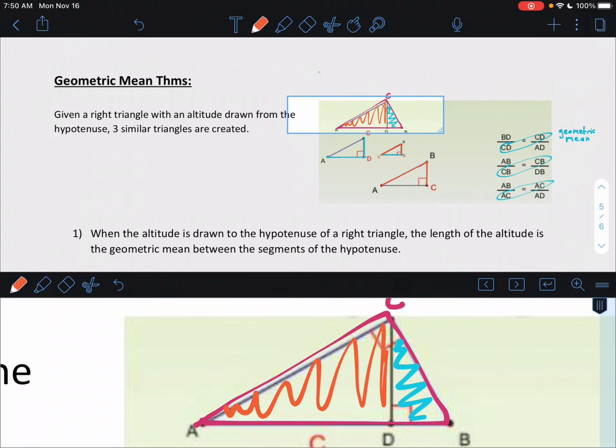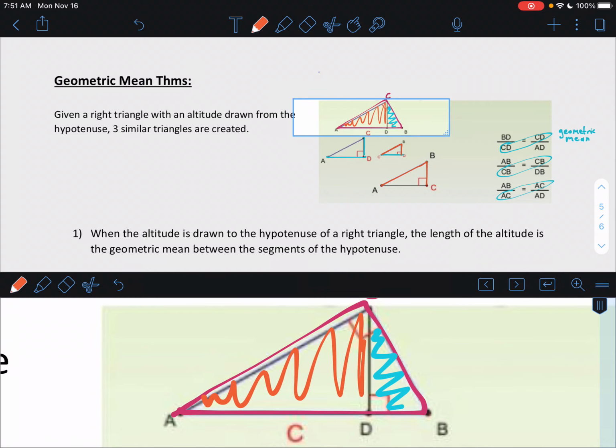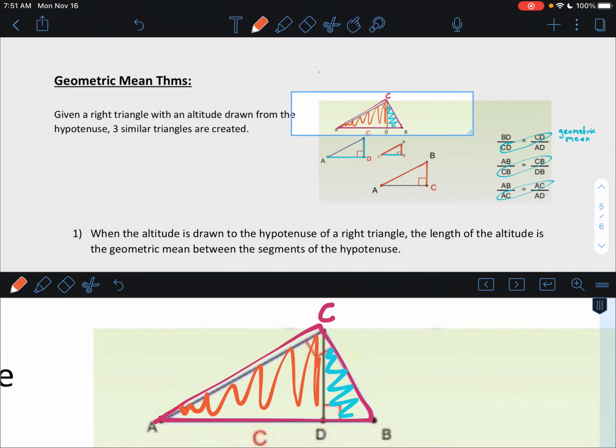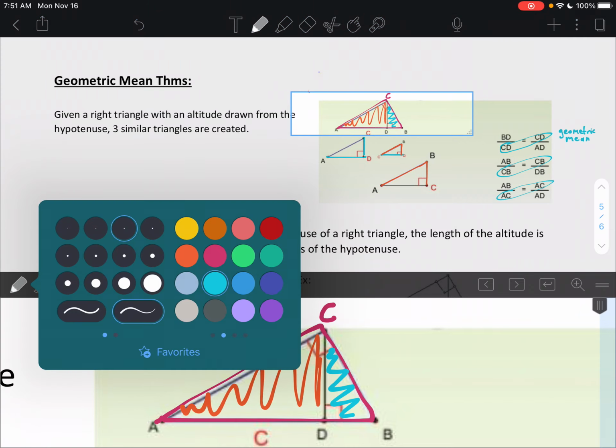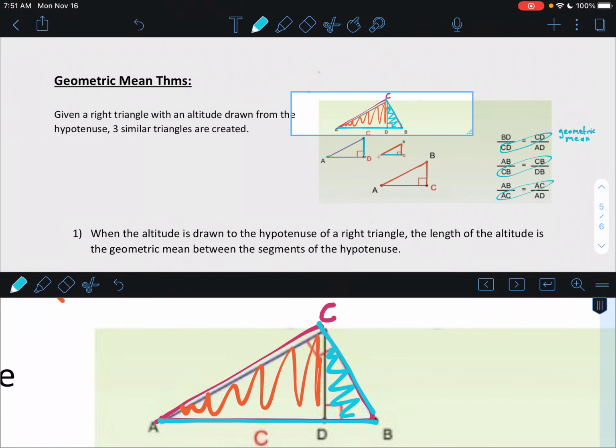Those would all be on the actual triangle. So AB over CB is proportional to CB over DB. We can see how our proportion uses that side CB twice.